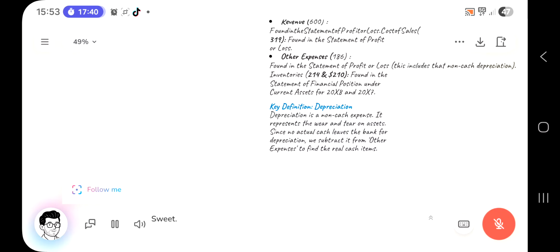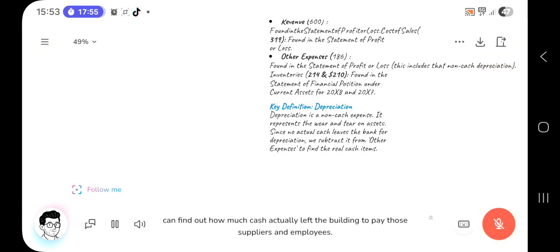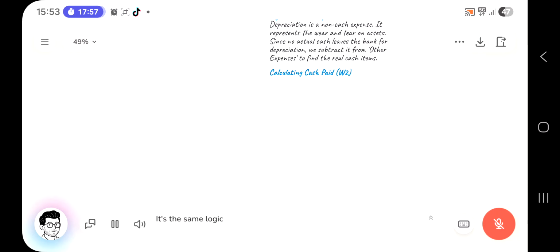Sweet. Now that we have that total expense figure of 467 from W3, we can find out how much cash actually left the building to pay those suppliers and employees. It's the same logic as the receivables.